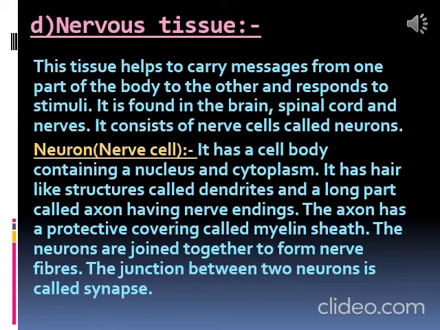When one nerve cell is connected with another nerve cell, and then with another, together they form the nervous tissue. In that way they carry messages from one nerve cell to the other. The junction between two neurons is called the synapse, from where the electrical signal or message is transferred from one neuron to another neuron.